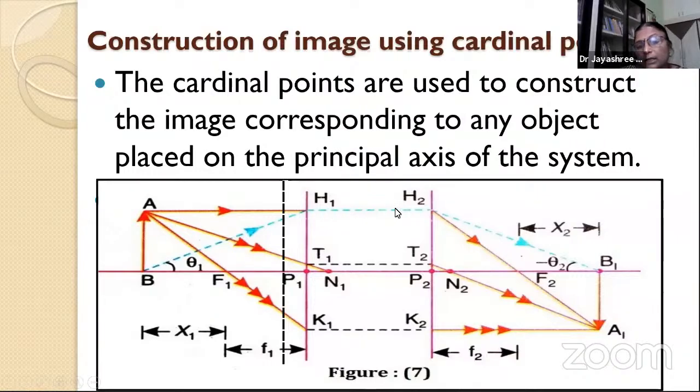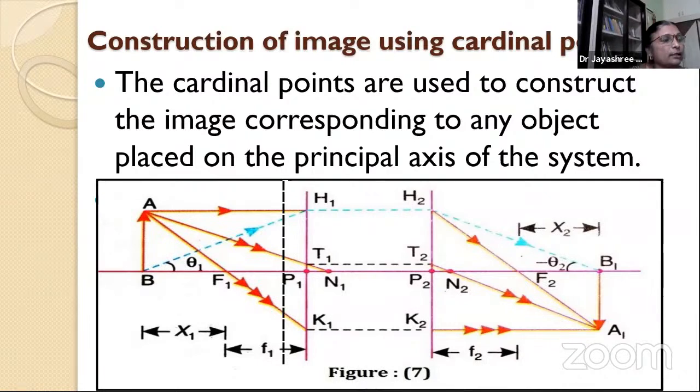These are extended in this way between the object, shown with the help of AB, and the image formed, A1 B1. So this is a very fantastic idea behind the cardinal points, and we construct an image using them.